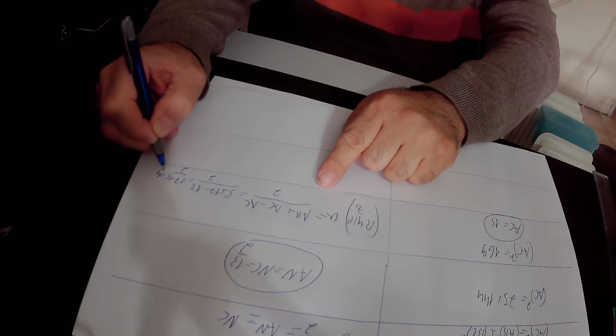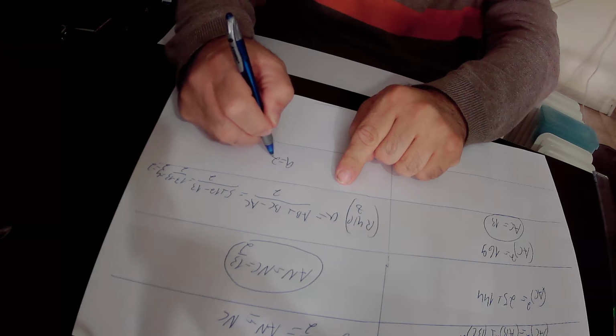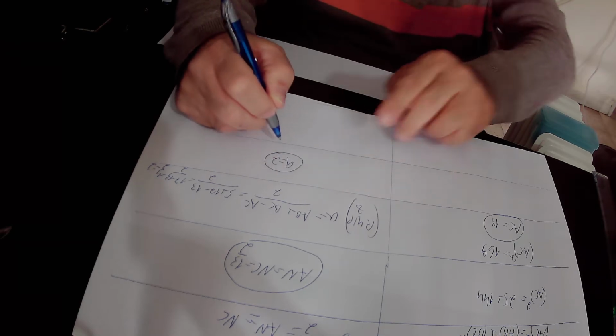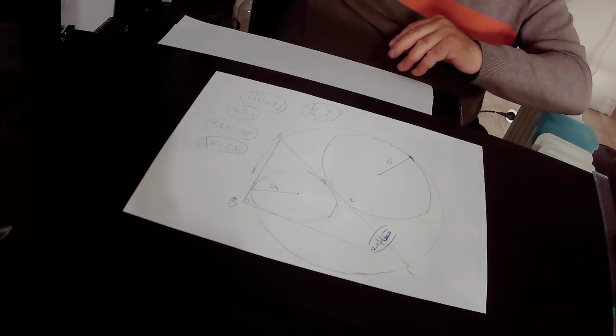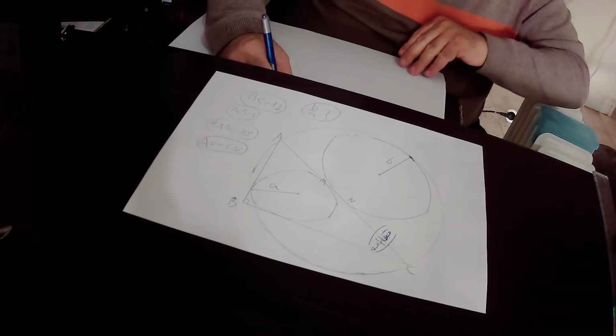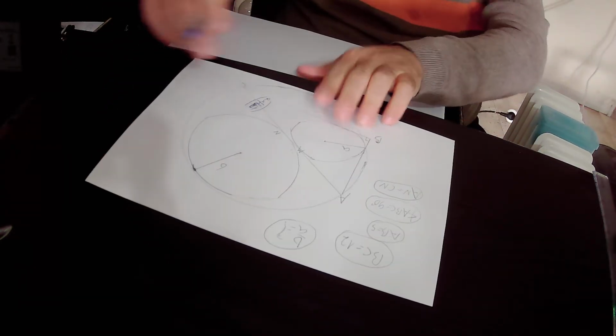And 4 over 2 is 2. So in conclusion, we found that the radius of the smaller circle A equals 2 units.